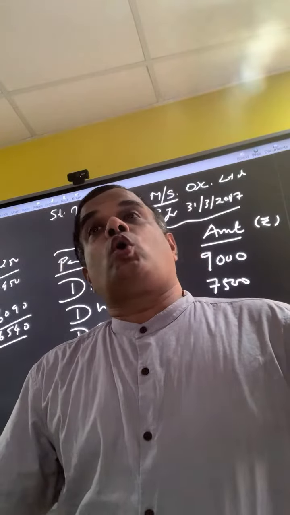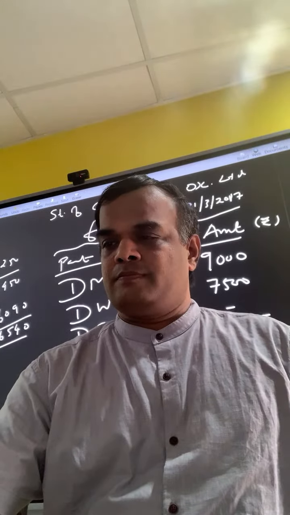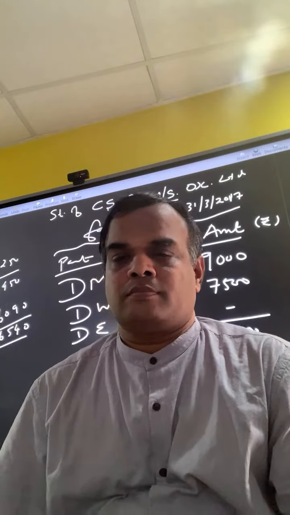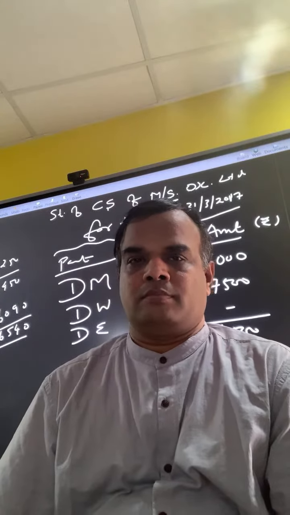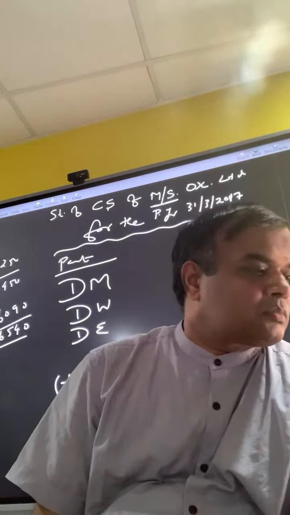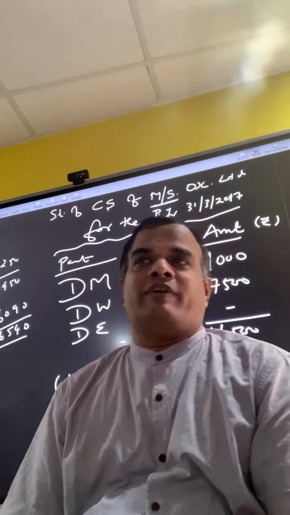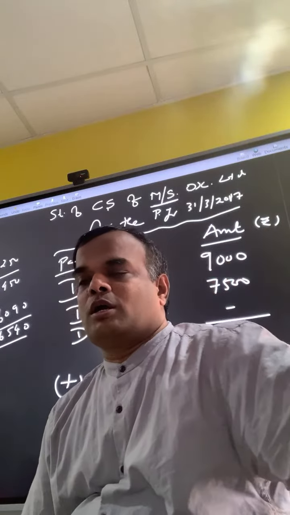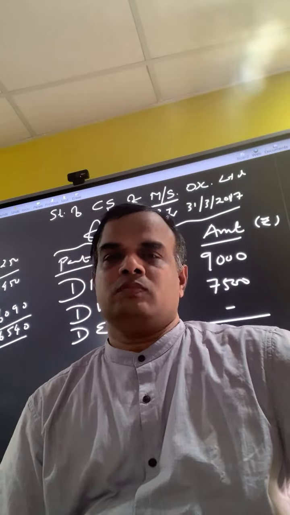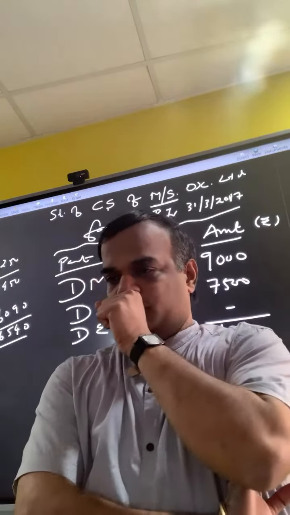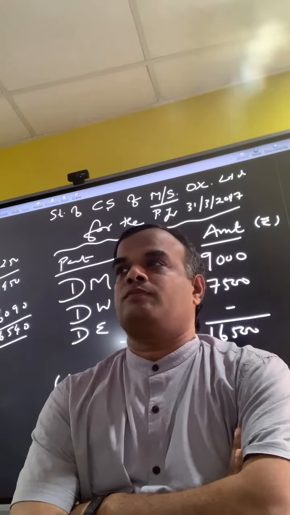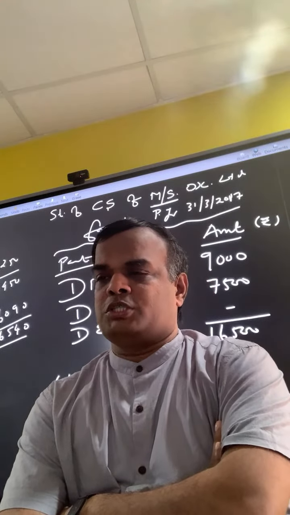Less closing stock of finished goods. The total comes to 58,500, which is called cost of goods sold.